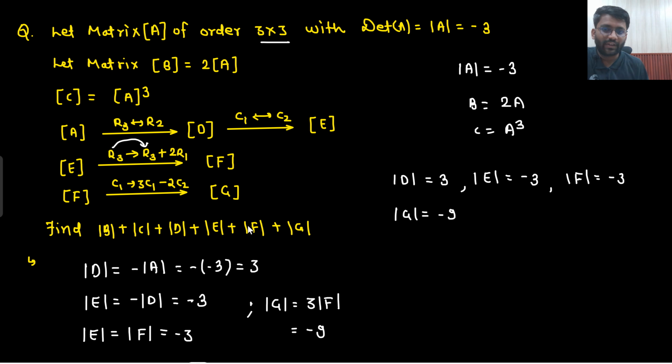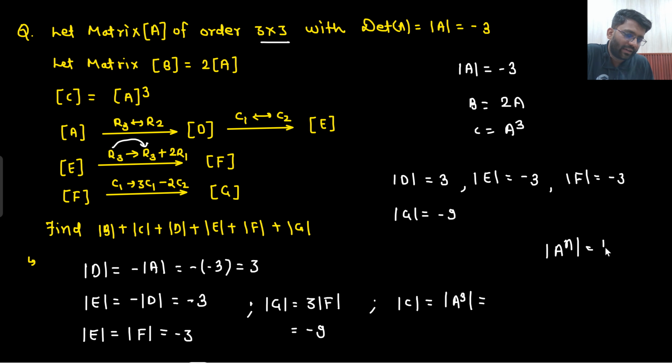So determinant of G we have, E we have, F we have, determinant of D we have, determinant of C I need to find out. So what will be the determinant of C? Can you let me know? What is C given as? C is A cube. I told you one thing, this cube can come out.